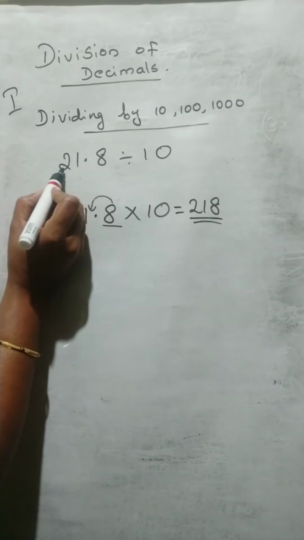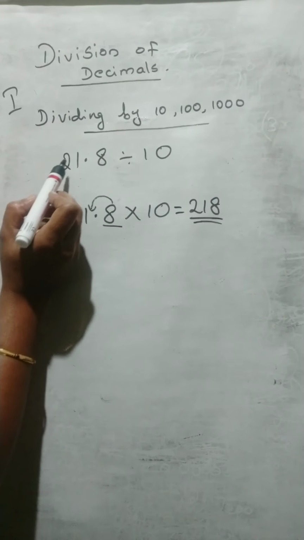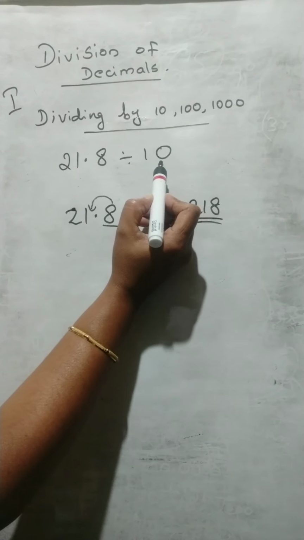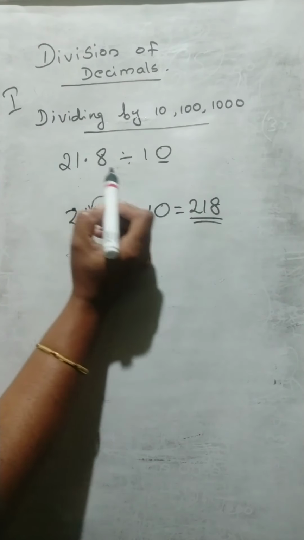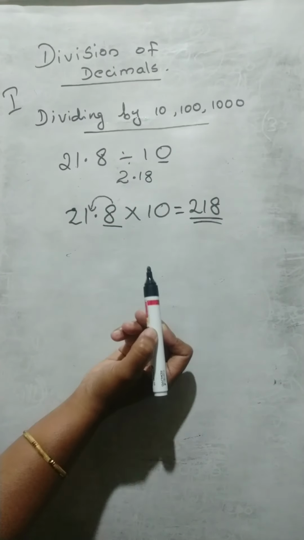Before the decimal point 21 is there, 0.8 is after the decimal point. Then how many zeros are there? 1. Then we get 2.18. Actually what happened?